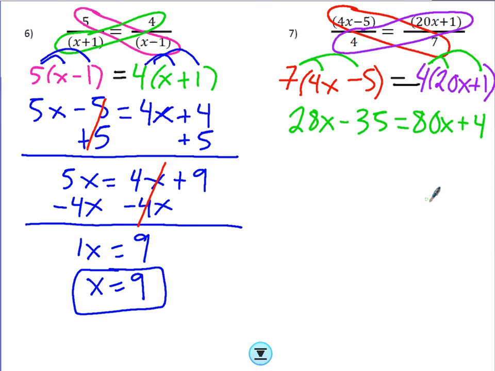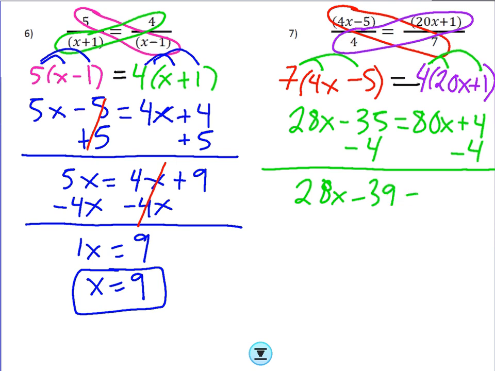In this case, you could kind of go either way. What I'll do here is I will subtract 4 from each side. So I get 28x minus negative 35 minus 4 is negative 39. Again, if you're not sure, put it into your calculator. And that equals 80x, where the 4's here canceled.